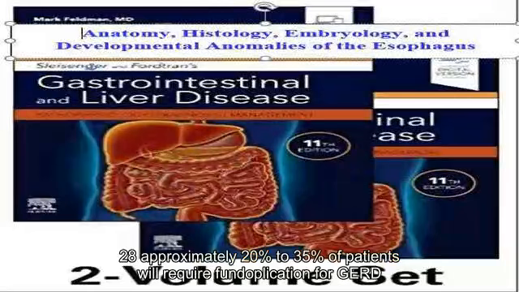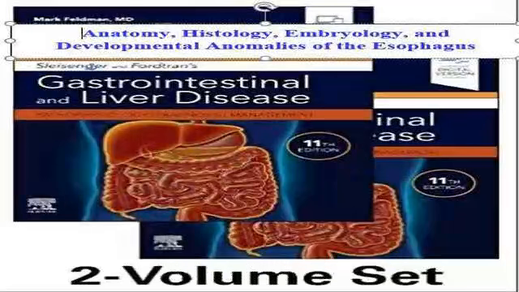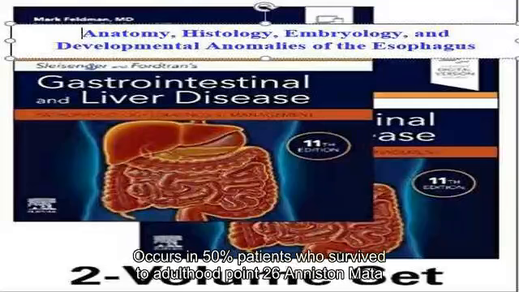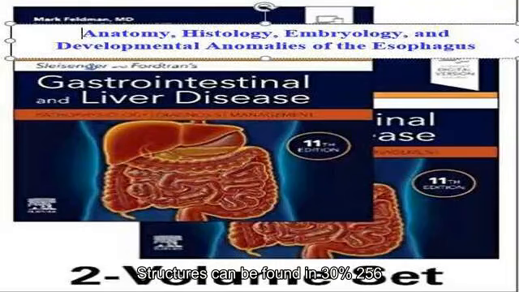Approximately 20% to 35% of patients will require fundoplication for GERD at some point during their lives. Unfortunately, 20% to 30% of fundoplication procedures in these patients will fail. Dysphagia occurs in 50% of patients who survive to adulthood. Anastomotic strictures can be found in 30% to 56% of patients.